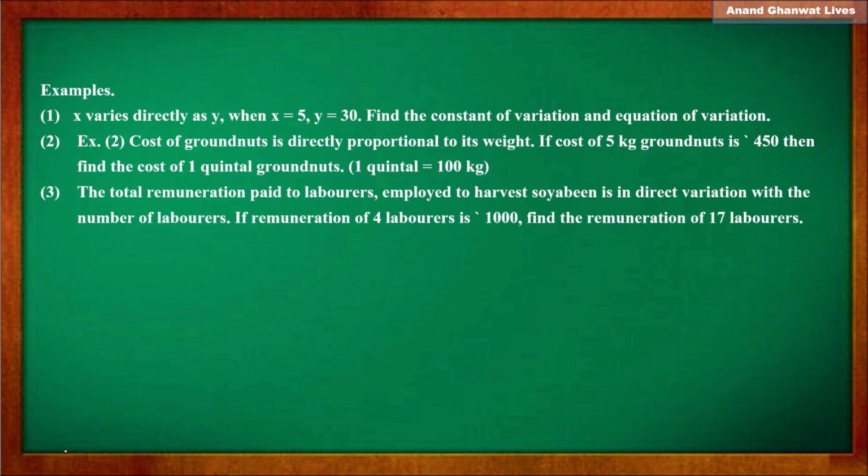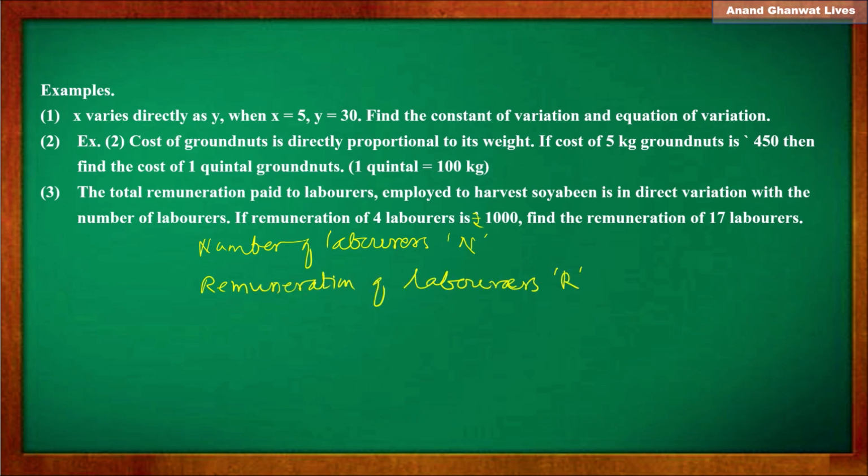Next, the total remuneration paid to laborers employed to harvest soybean varies directly with the number of laborers. If the remuneration for 4 laborers is rupees 1,000, then find the remuneration of 17 laborers. As given, n is directly proportional to r and therefore n is equal to k into r.